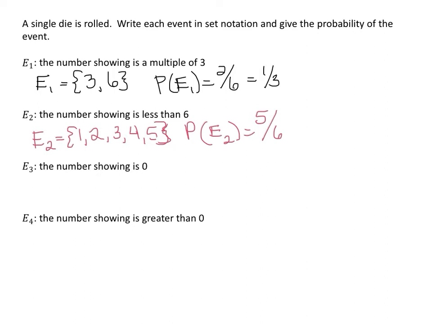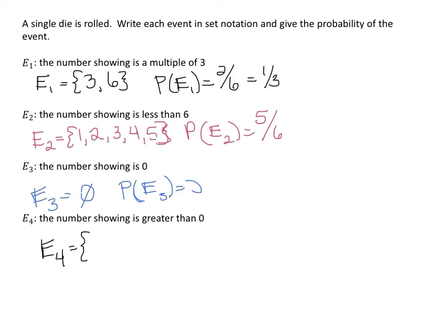Event number 3 is that the number showing is 0. So how many ways can that happen? Well, it can't happen at all. So this is one of those impossible events. So the probability of event 3 happening is 0. And then event 4 is that the number showing is greater than 0.